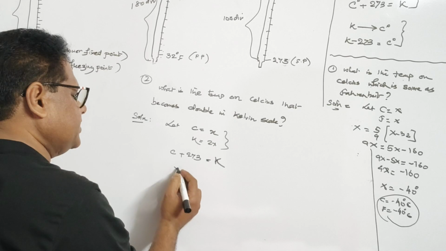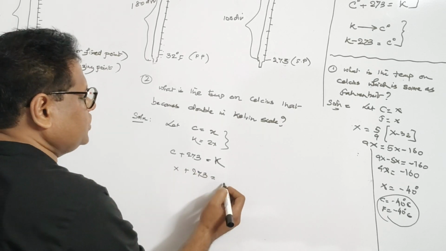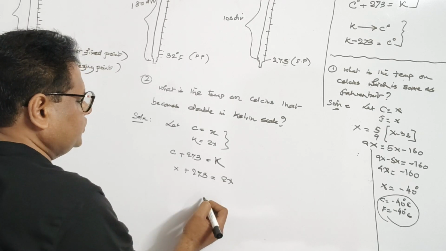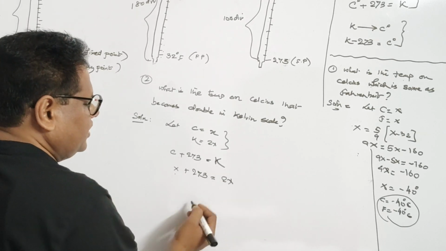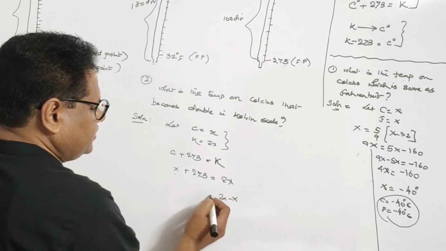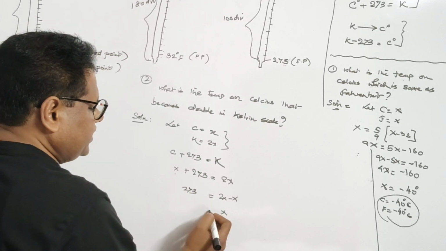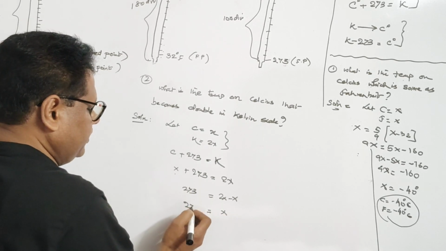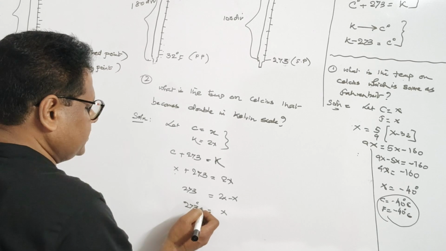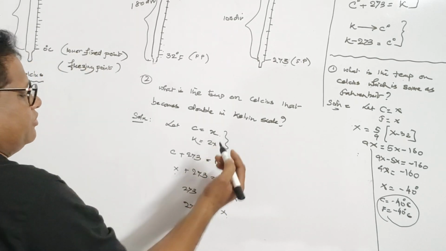C we have taken as X, plus 273 equals 2x. Now if you shift x on the right hand, you get 2x minus x equal to 273. That is x equals 273. That is Celsius, right?